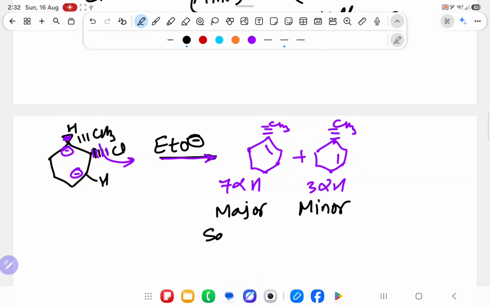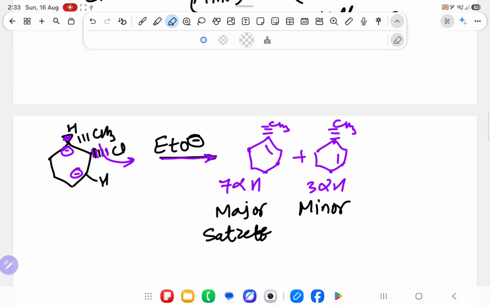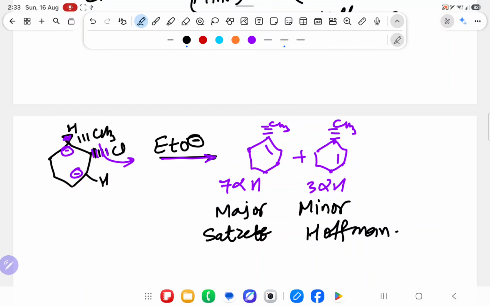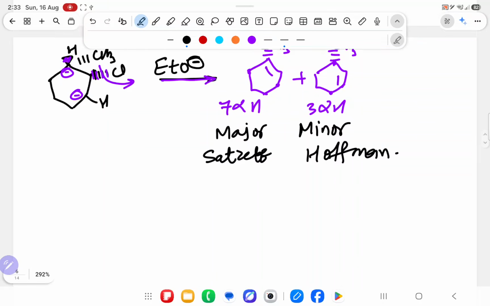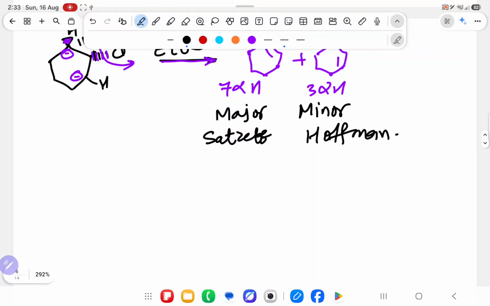This time the major product is also Sedgwick and the minor product is also Hofmann, because the minor product is the least stable alkene and the major product is the most stable alkene. So I am not judging Hofmann and Sedgwick according to major and minor. I am judging according to the most stable alkene and the least stable alkene. Understanding? Yes sir, we are understanding it.